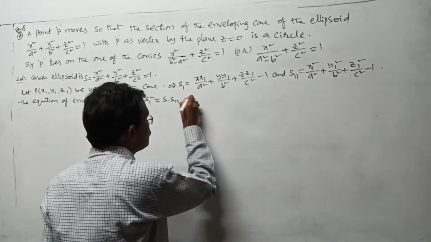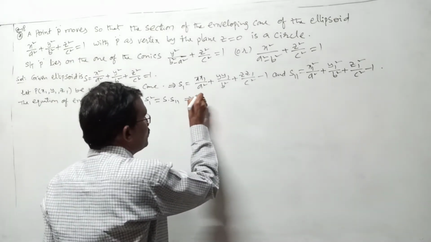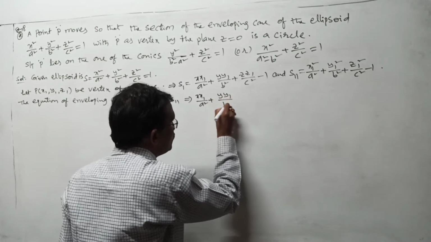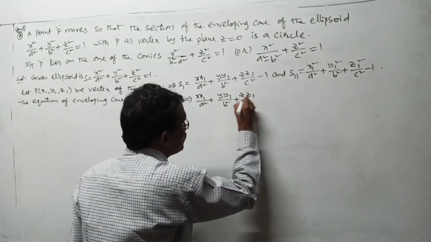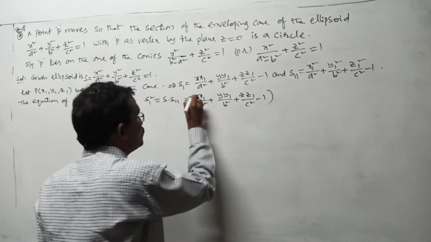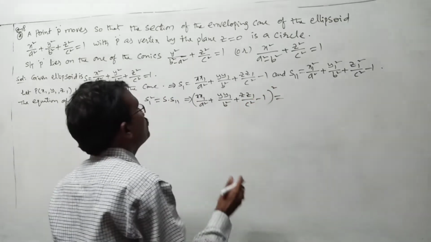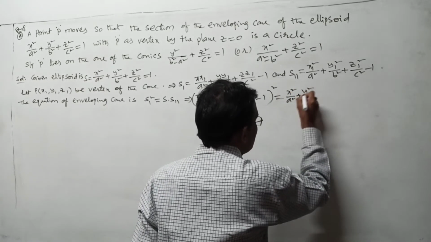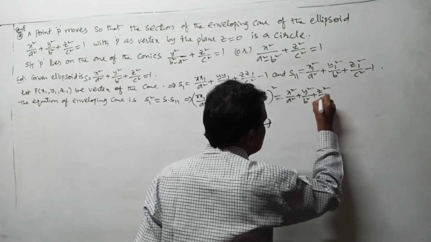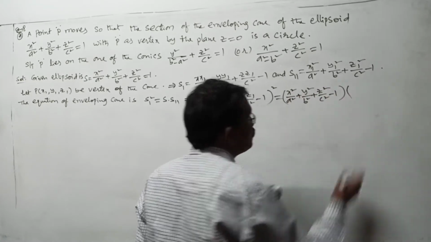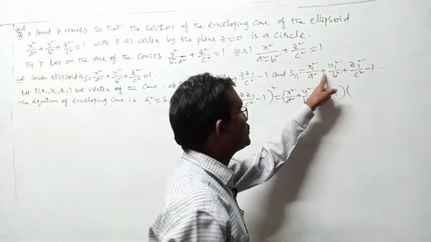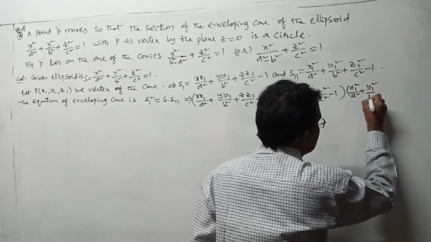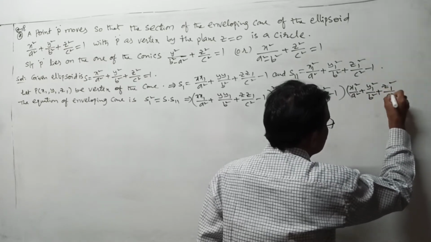This implies, S1 square means (x x1 by a square plus y y1 by b square plus z z1 by c square minus 1) whole square is equal to S, which is x square by a square plus y square by b square plus z square by c square minus 1, into S11, which is x1 square by a square plus y1 square by b square plus z1 square by c square minus 1.